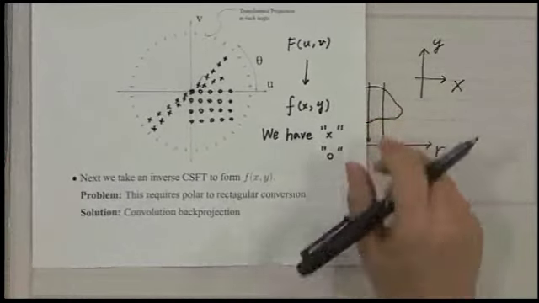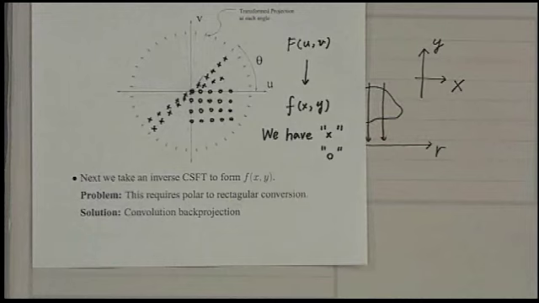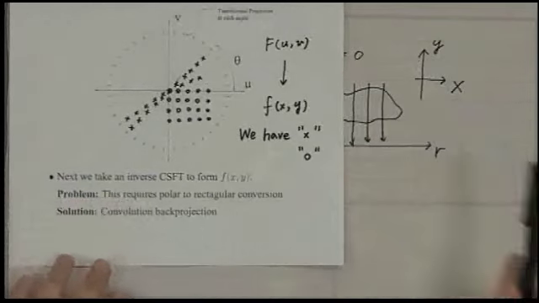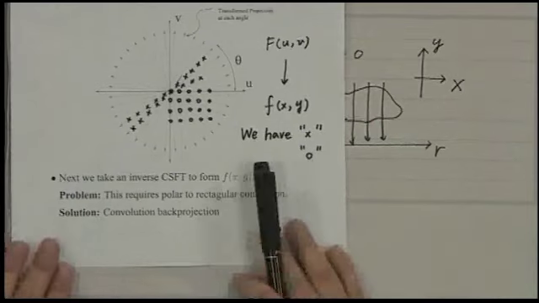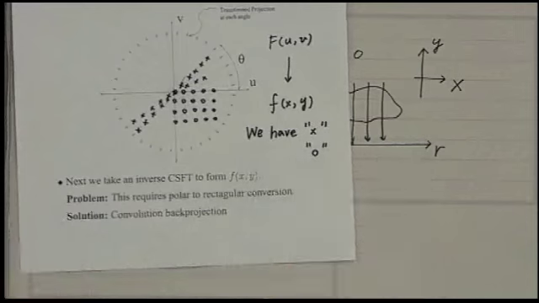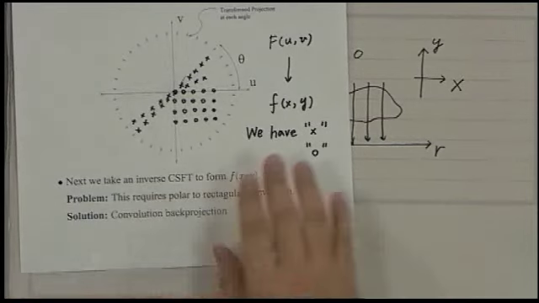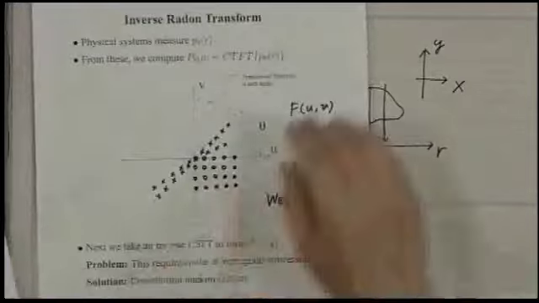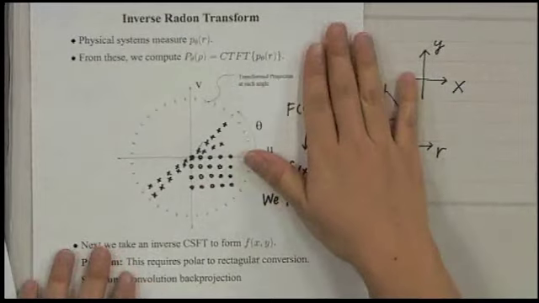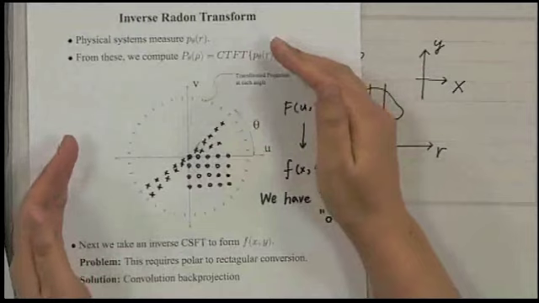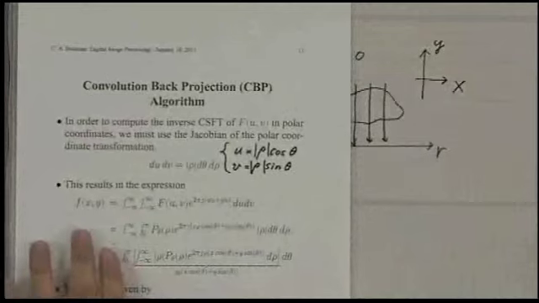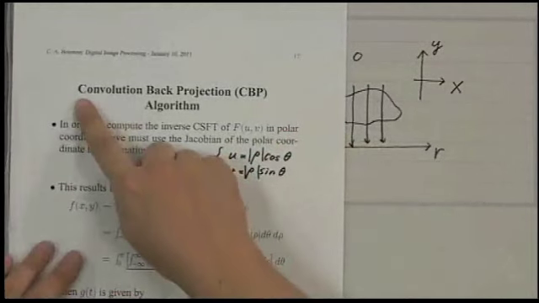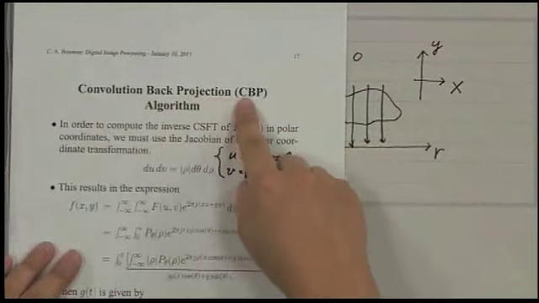Yes. So yeah, there are many problems. Actually, this Fourier Slice Theorem is very beautiful, but we have some challenges to implement it. So most people don't use this direct method. Instead, most people use this algorithm, which is called convolution back projection.